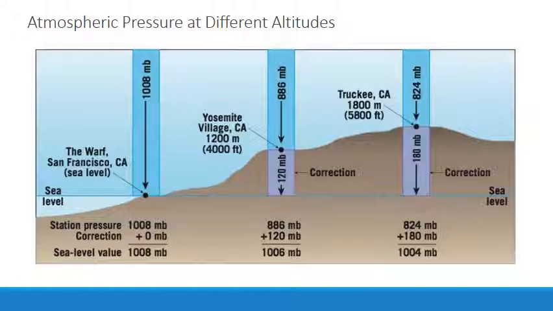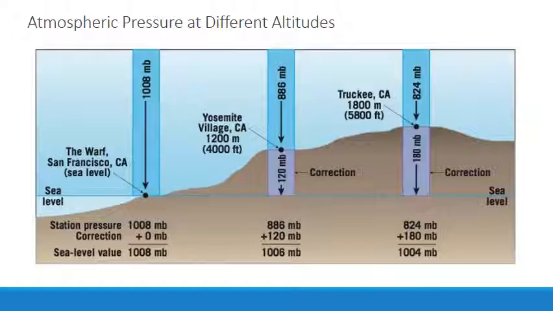So we have a station reading, and we subtract a number of elevation so that we can figure out what it would be if this location where we are at Truckee, California, were in fact at sea level. And thankfully, it's pretty simple math.